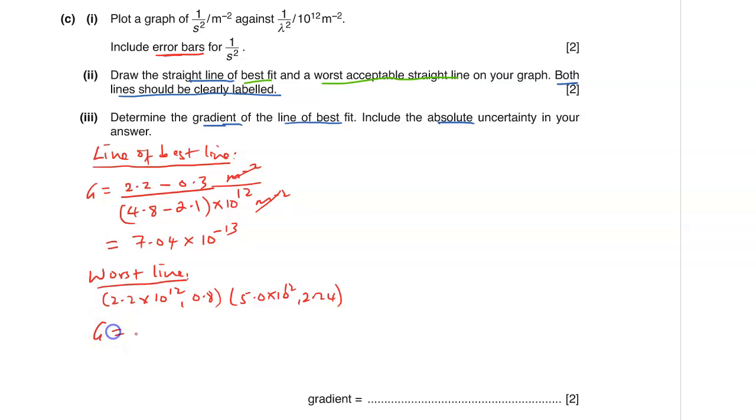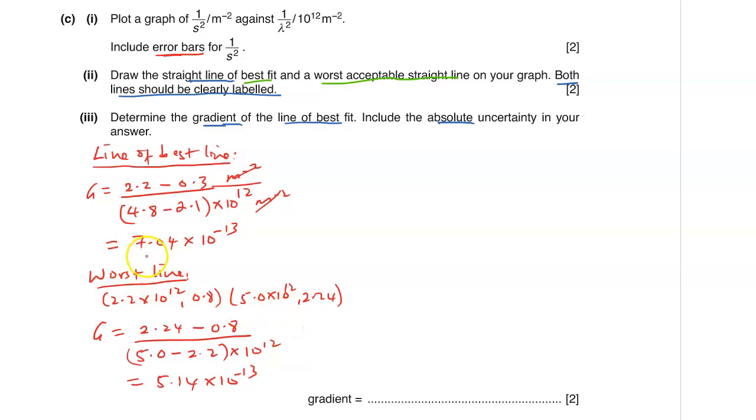Then the gradient is 2.24, take away 0.8, upon 5.0, take away 2.2, times 10 raised to the power 12, and what I got is 5.14 times 10 to the power 13.